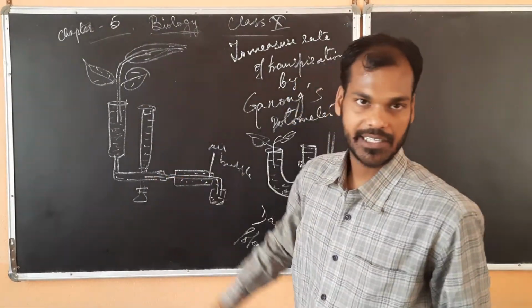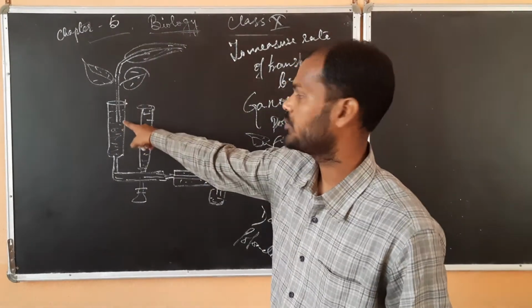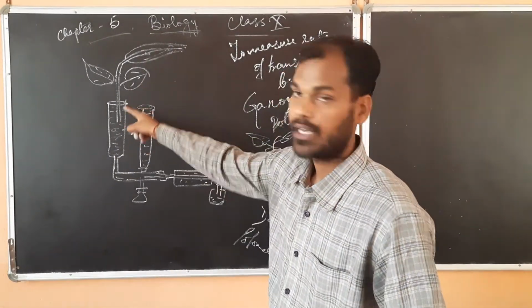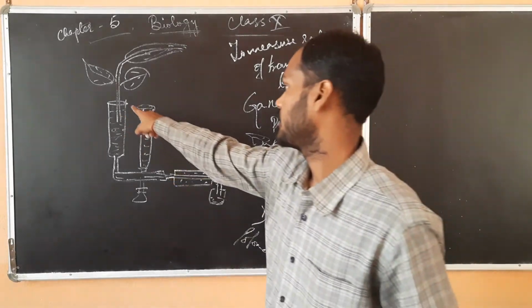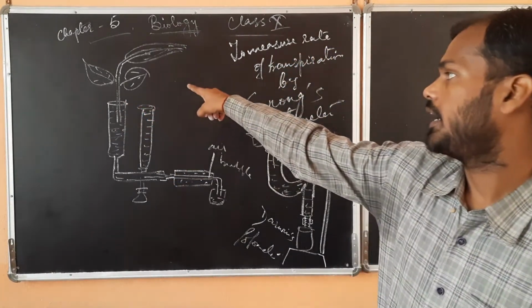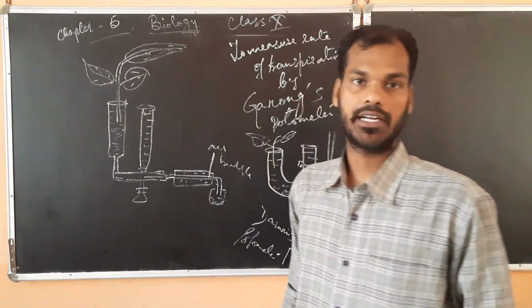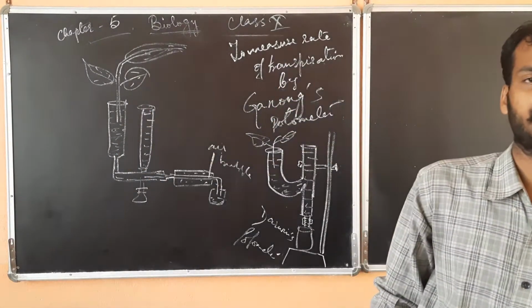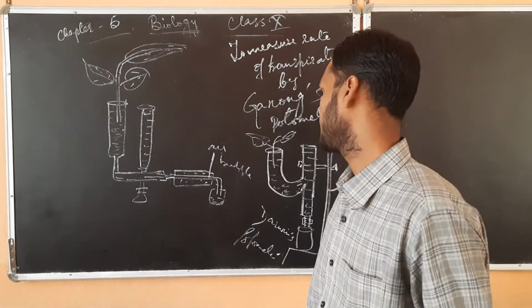It is bent at right angles, and another tube is also inserted here, where it is airtight, and the twig can be inserted in the tube which is present at right angles.